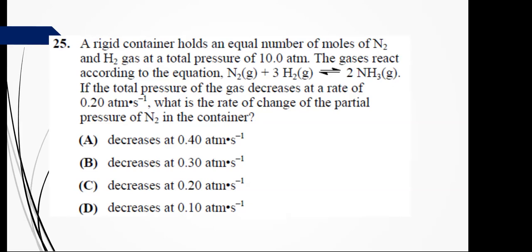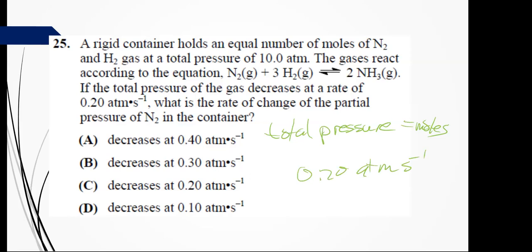So if we're looking at the total pressure, right? Total pressure is another way of talking about moles. So if this is decreasing at a rate of 0.2 ATMs per second, why is it going down?